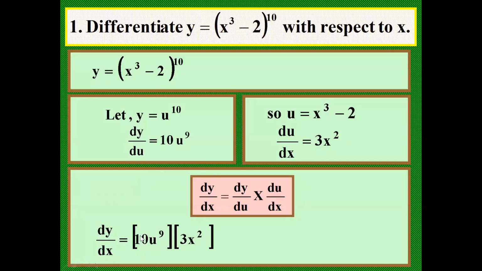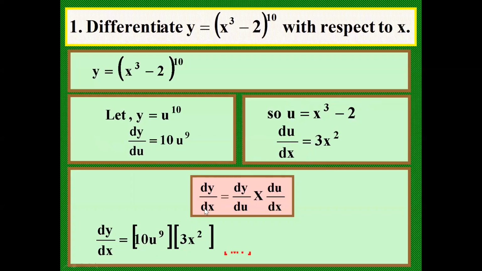Then you will get directly the answer, okay? But you must at least write, let u become x to the power of 3 minus 2. You need to write this step, okay? So the rest, you do not need to show the differentiation, okay, for a simple question like this, okay?